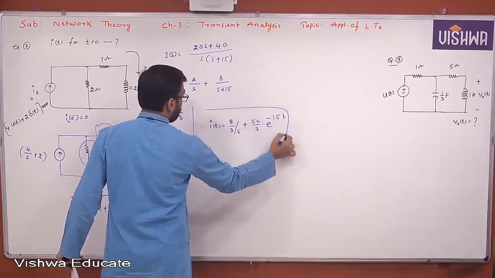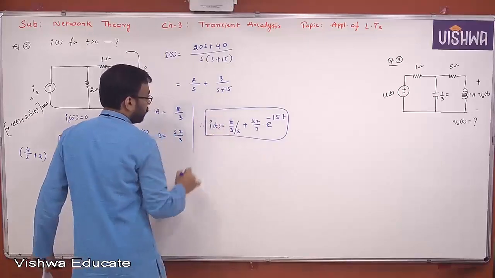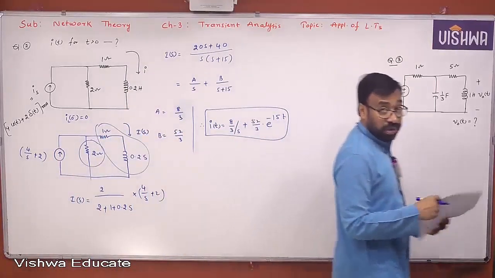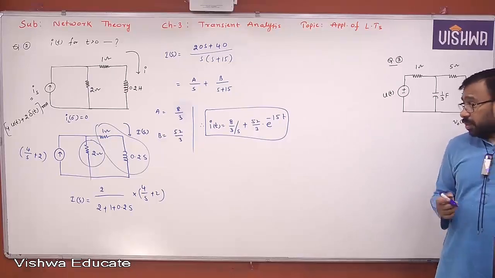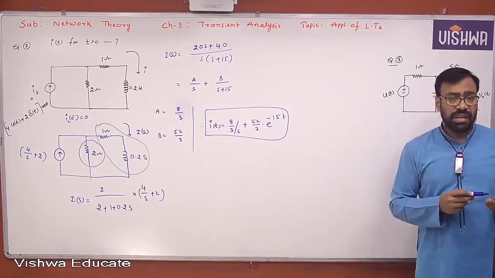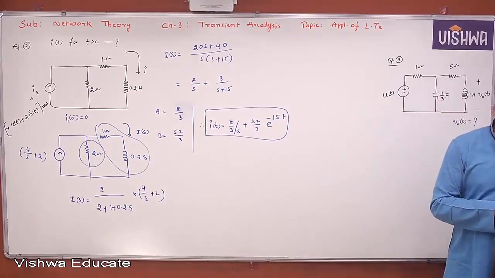This is the total response you will get. Understand, all of you? This is how you can solve the problem using the S-domain approach. It is very simple: first you find the S-domain response, then you find the time domain response.